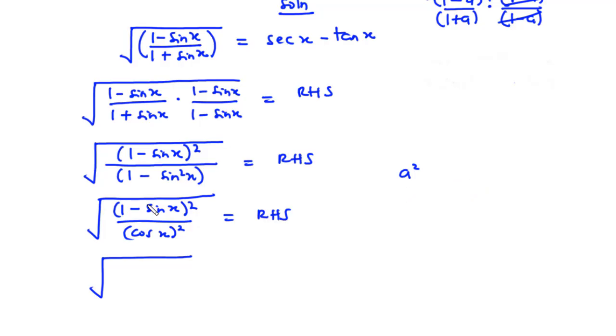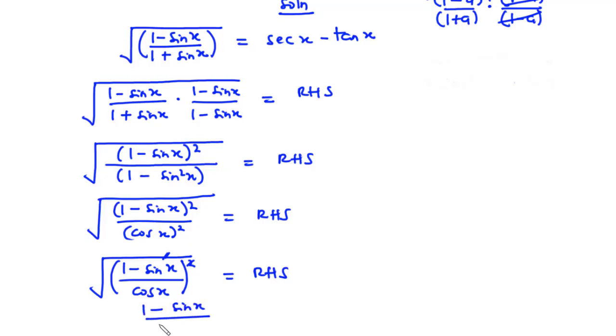So 1 minus sine x all square divided by cos x all square can be simplified as 1 minus sine x divided by cos x all square, and this is equal to the right hand side. Now the square cancels the square root, and then we are left with 1 minus sine x over cos x.